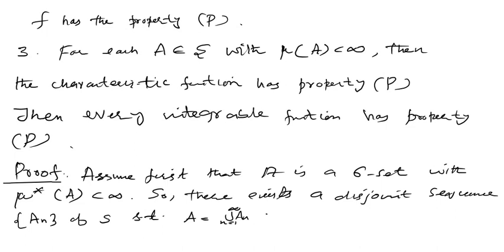Now let's put B_n as the union of the first n sets. Put B_n equal to the union of A_k, k runs from 1 to n.